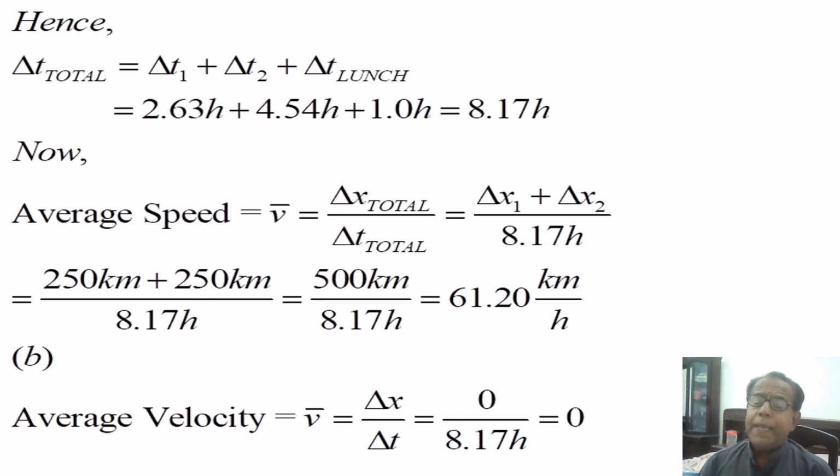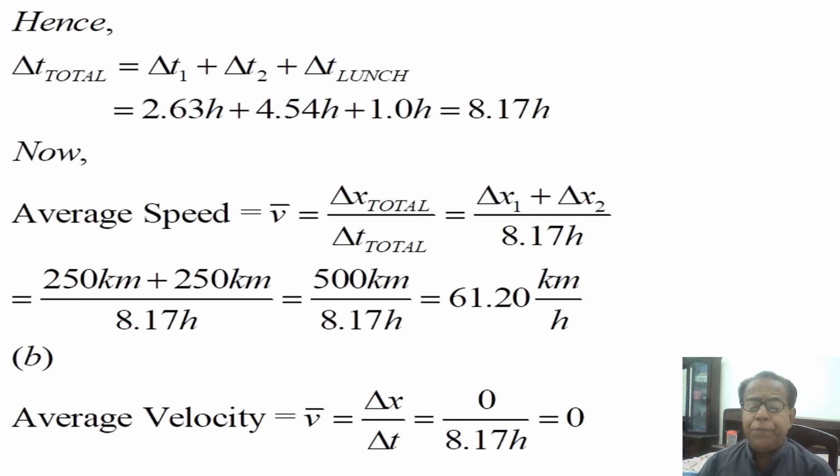So net displacement is 0, because if we take the x-axis and y-axis, we can assume 250 kilometers in the x-axis direction, then the other 250 kilometers will be regarded in the opposite direction, and its sign will be minus 250 kilometers.